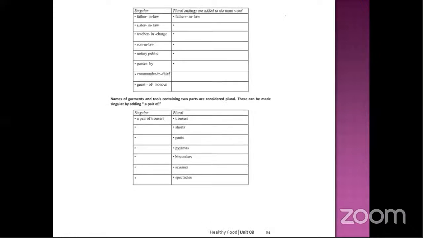Good. Next activity, singular nouns are there. Here, the plural nouns. Yes, can you do this activity also? Good.